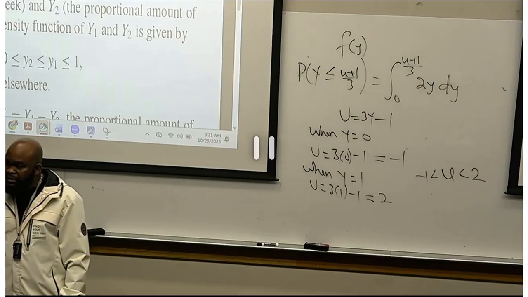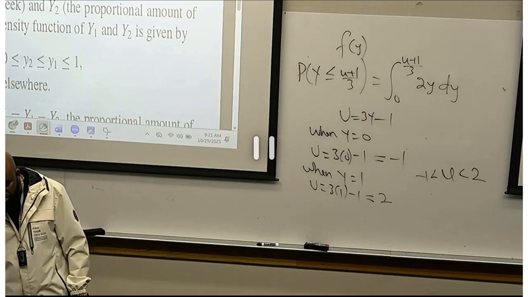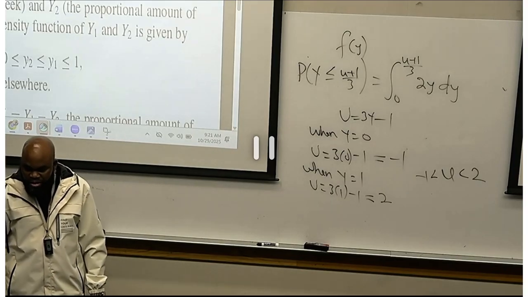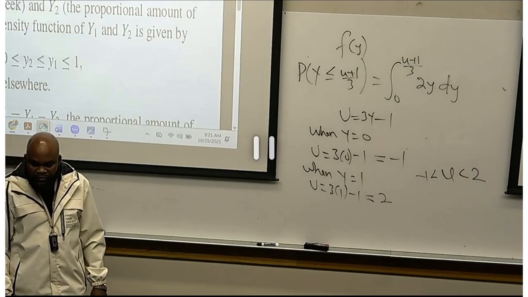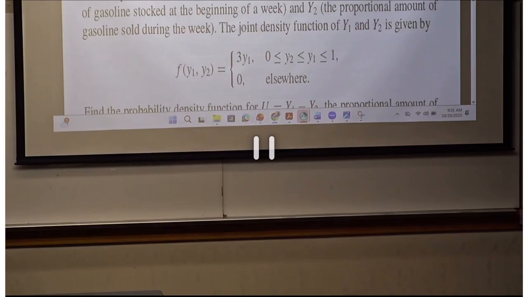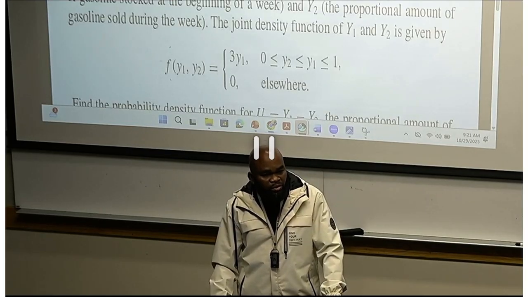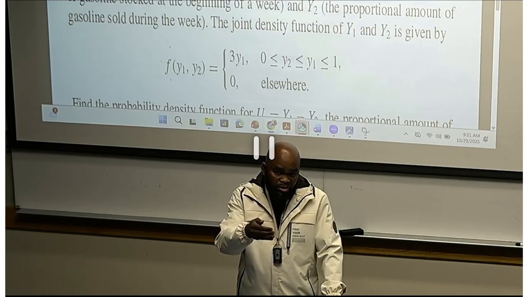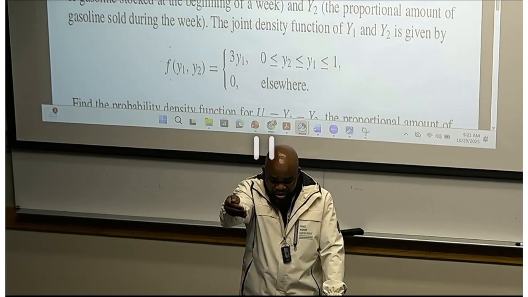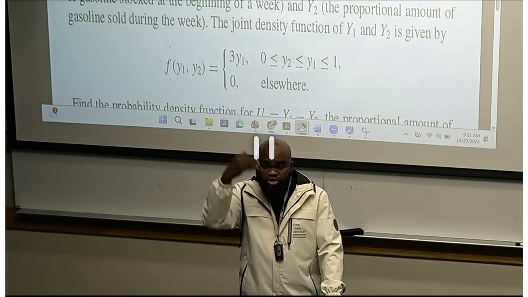Now, if we have a random variable y1, which is the amount of gasoline stocked at the beginning of a week, and y2, the proportional amount of gasoline sold during the week. You see what y1 represents? What you stock at the beginning of a week. And y2, what you sold out.